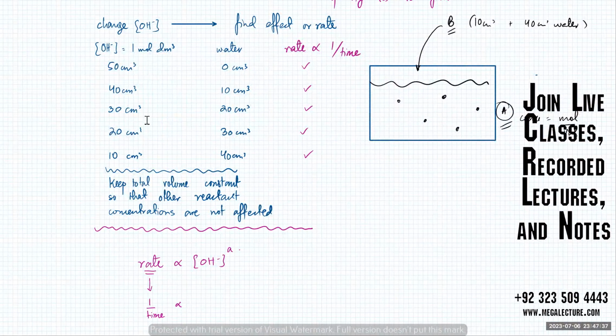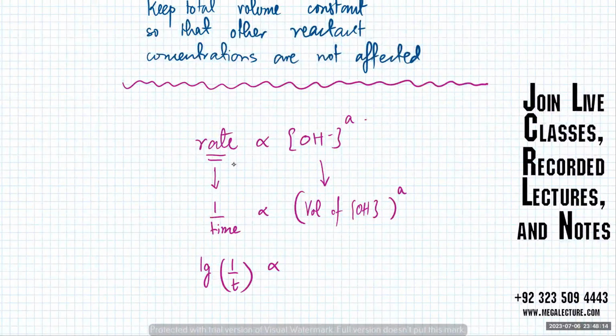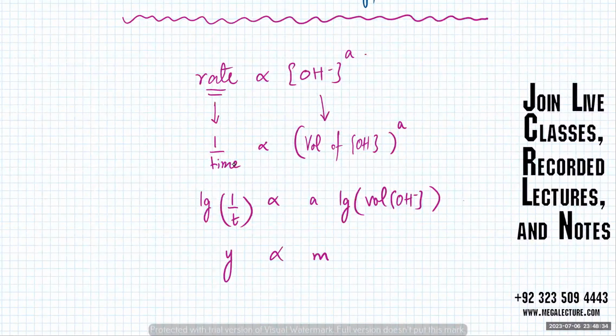Now what I'm going to do is I'm going to take log. So this side will be log 1 over T, 1 over time. And that side would be A, the power becomes the coefficient. It's going to be log of volume of OH ions. Now this equation exactly looks like y is equal to mx, since we don't have a constant because I'm using proportionality.